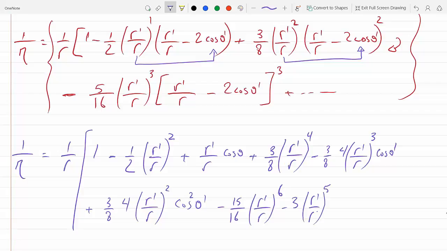I'm expanding now, times the second, which is minus 2 cosine, so this becomes plus 2 cosine theta prime, and then of course there's the minus 5 over 16, so this goes back to become a minus 5 over 16.